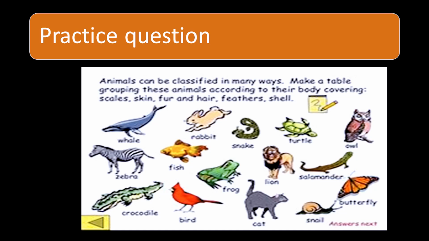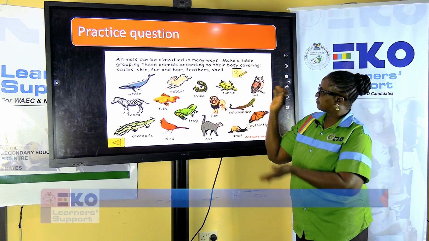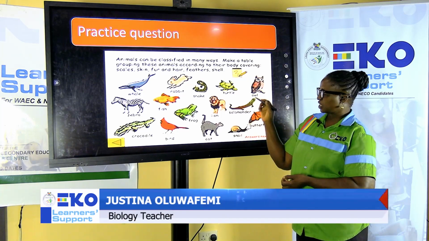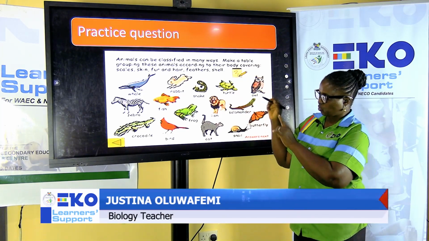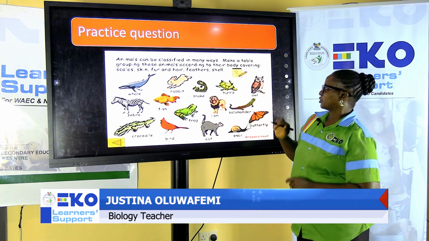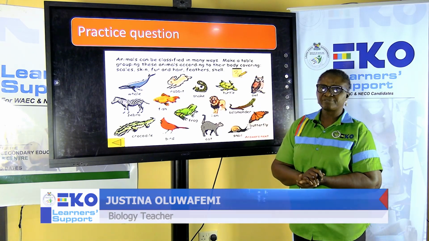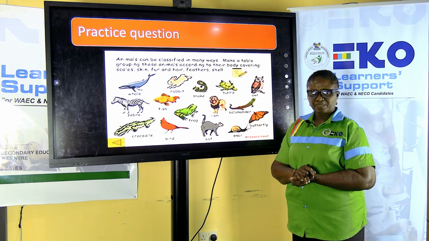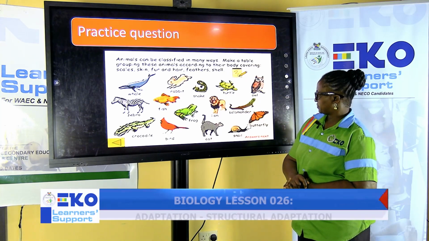Skin, scales, fur or hair, feathers, and shell. For these 5 structures, you are going to place at least 1 or 2 of these organisms under the group. So you have just 2 minutes to attempt this question.